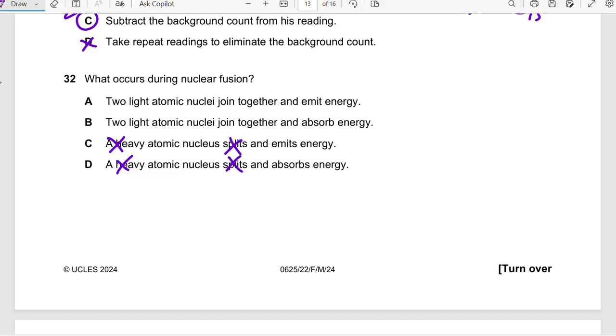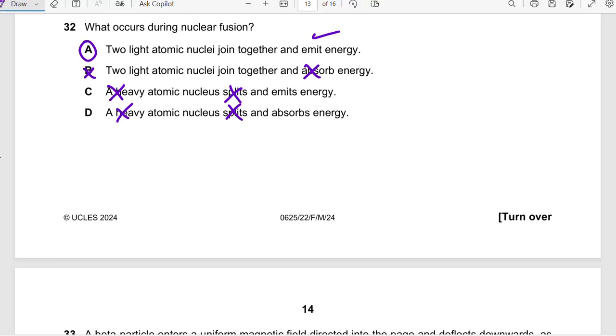They fuse or merge or join. So it's either option A or B, and they actually emit a lot of energy. So the correct option is A. Why is B wrong? Because in B they say they absorb. It's actually wrong. They emit, they produce.